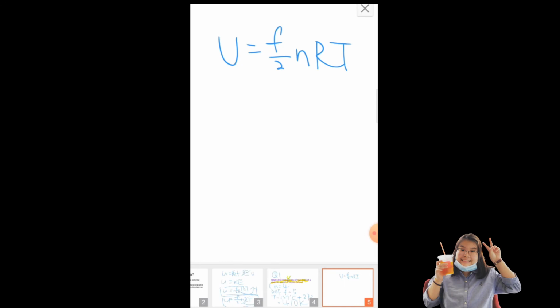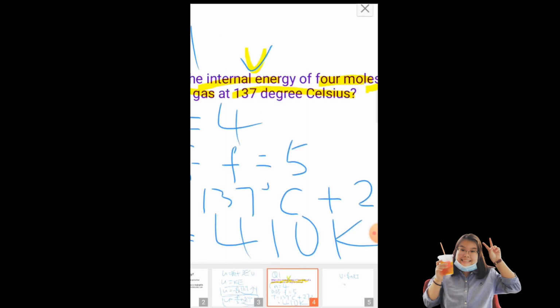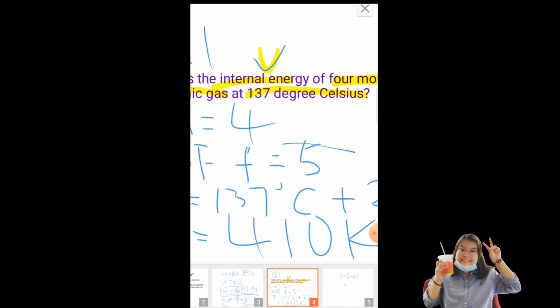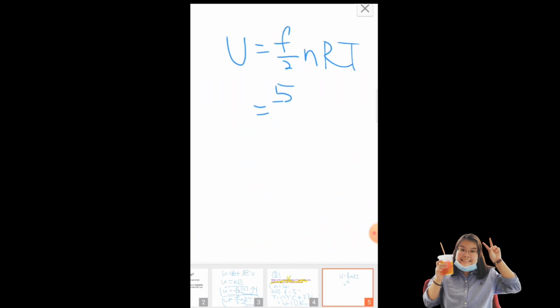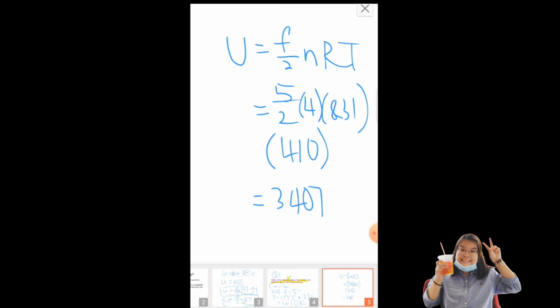Okay, so we just substitute our values here. f equal to 5, over 2, n is 4, R is 8.31, and then T is 410. So at the end we will get 34071 joules. Okay.